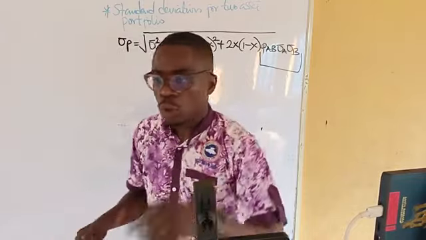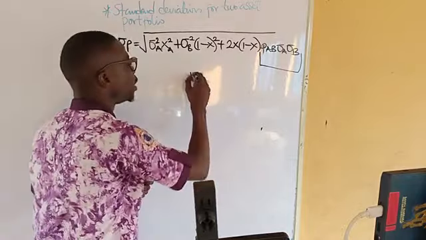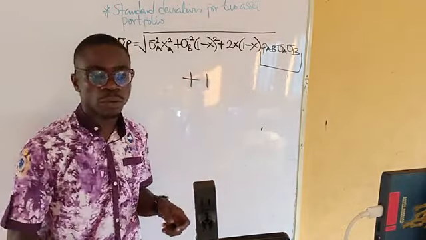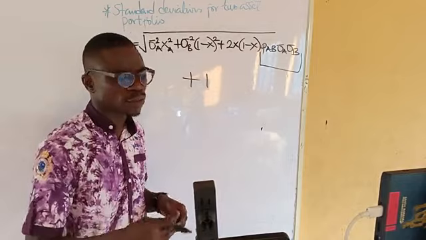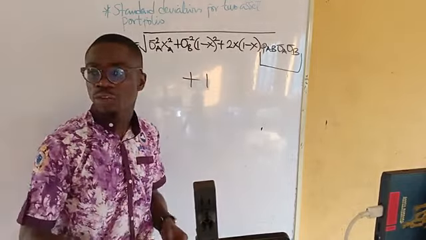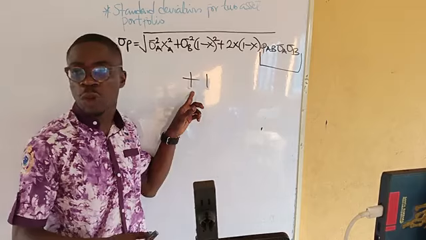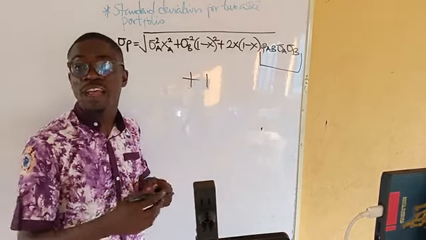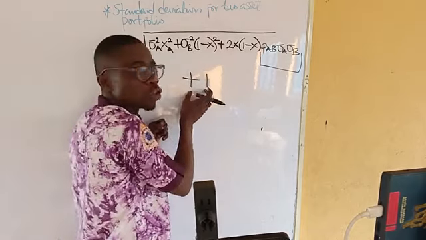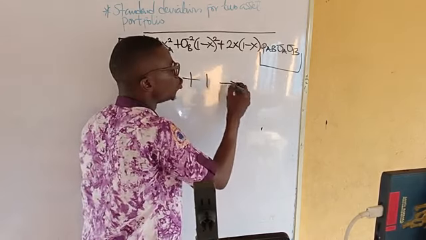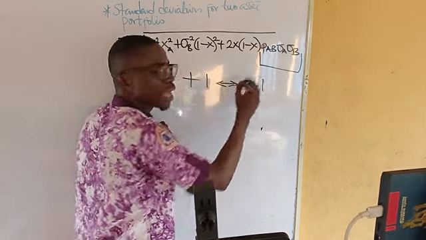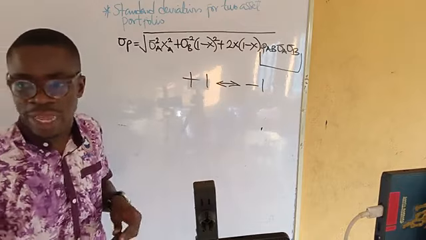+1. When you have +1 as correlation coefficient, what does it refer to? Correlation coefficients will always range from +1 to -1. It can't be more than that. It can't go beyond that.